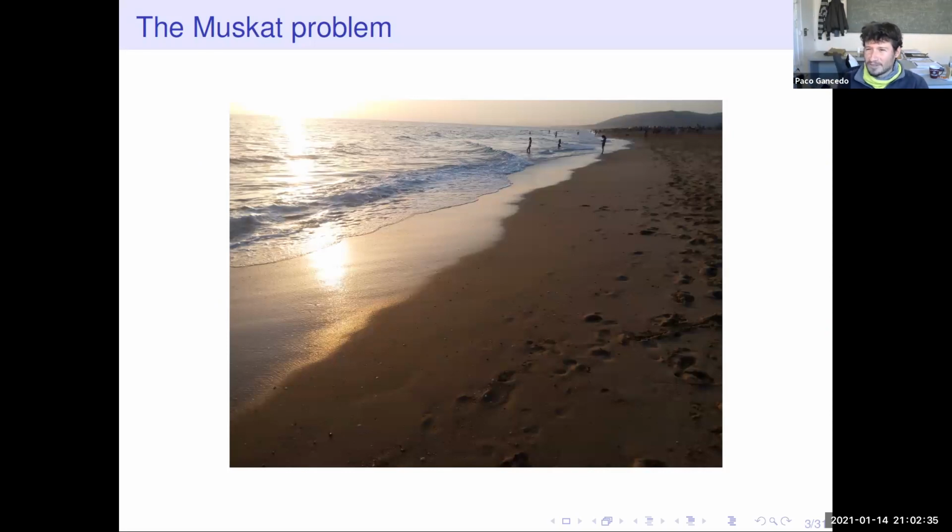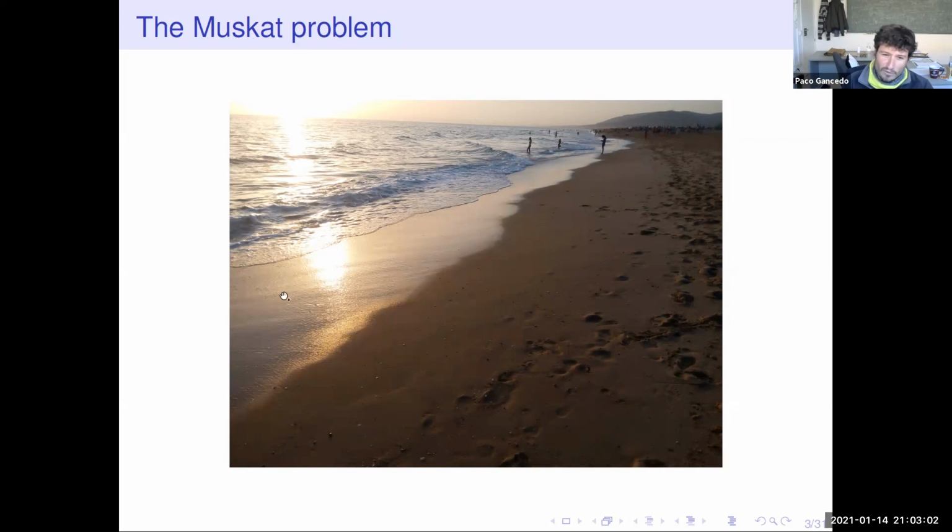Okay, what is the Muskat problem? You see here a beach with a very nice wave in the sea, but today I'm not interested in the water wave. Can you see my pointer? I'm interested in the contour, or the dynamics of this moist region, this interface over here.